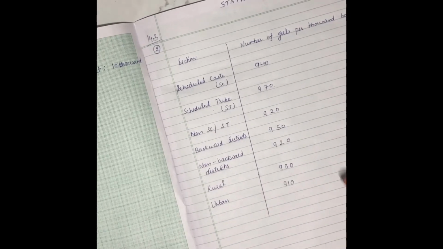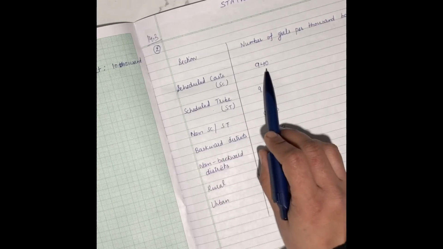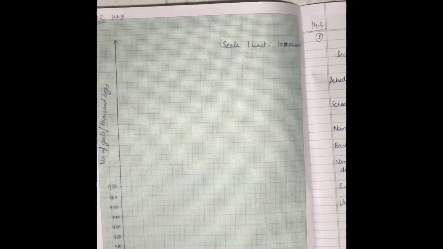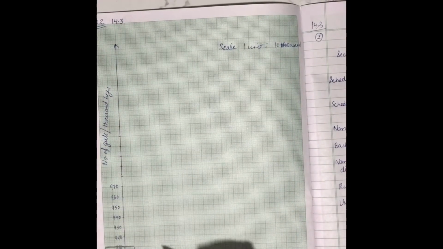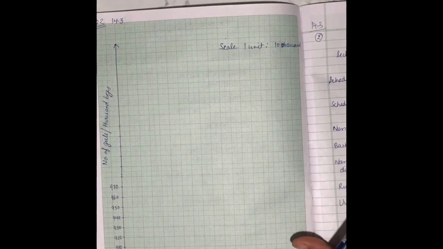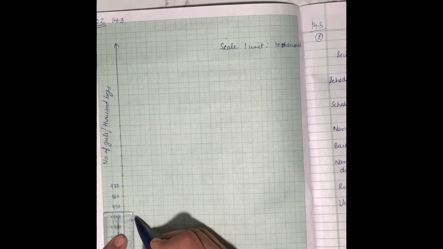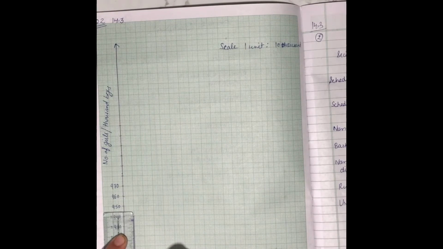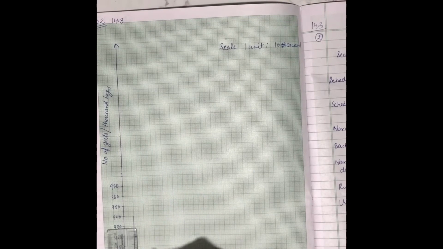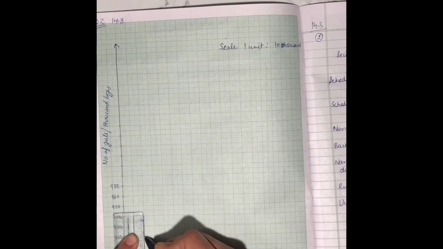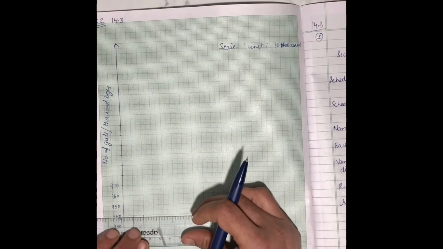Now we are representing this information graphically. First, for SC we have to represent 940. We will represent this information by taking different bars. We plot 940 first and write the name in this rectangle. We got one rectangle, or one bar.